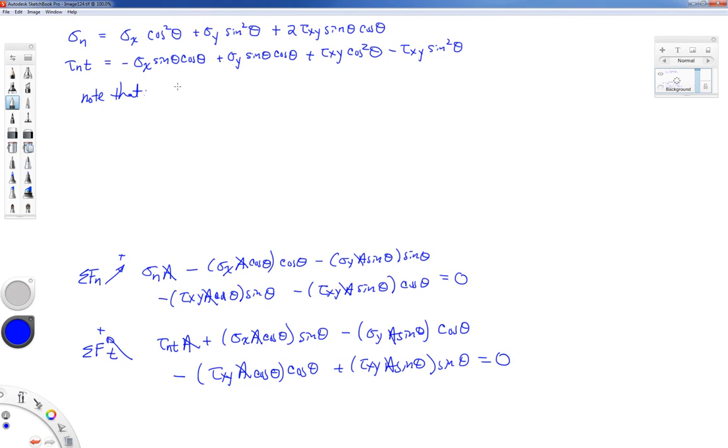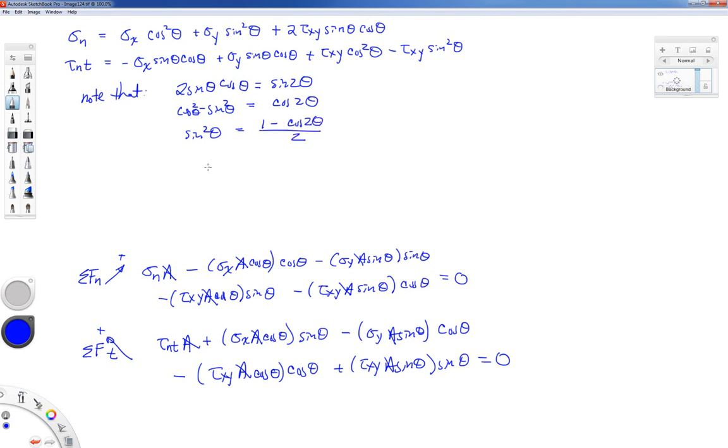We have 2 sine theta cosine theta is equal to the sine of 2 theta. We have cosine squared minus sine squared of theta is equal to cosine 2 theta. We have an identity that says sine squared theta is equal to 1 minus cosine 2 theta over 2.